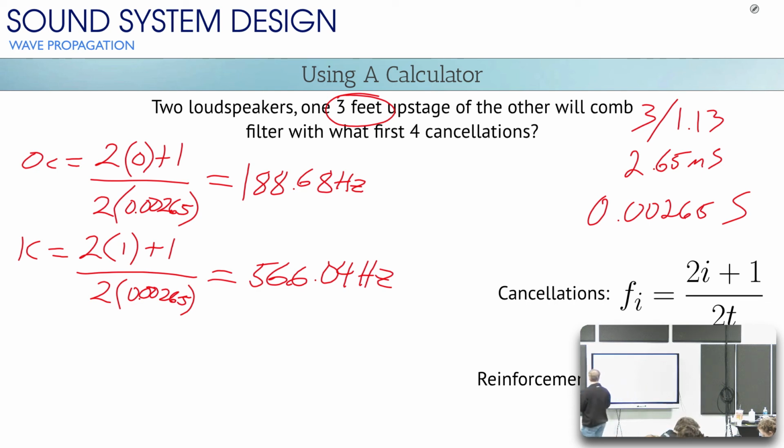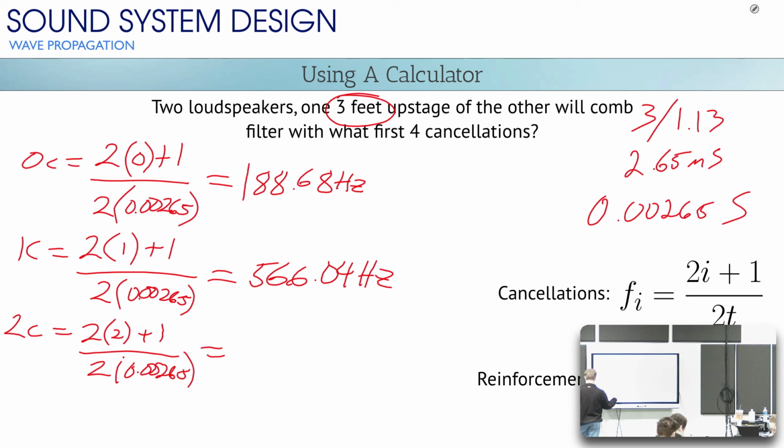All right, let's try our next one. That would be 2 times 2 plus 1 divided by 2 times 0.00265. And I got 943.4 hertz.